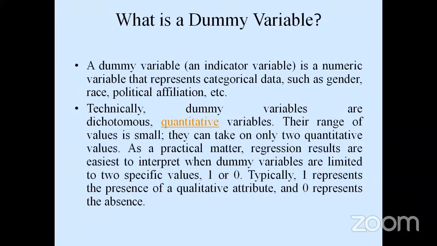Typically, 1 represents the presence of a qualitative attribute, and 0 represents the absence. So the question may be asked: if they give one categorical data, whether this is a dummy variable or not, that is, whether that particular qualitative attribute exists or not. This can be taken as a dummy variable. Many times when we talk about autocorrelation, multicollinearity or heteroscedasticity, removing or adding dummy variables makes some changes in the model specifications.